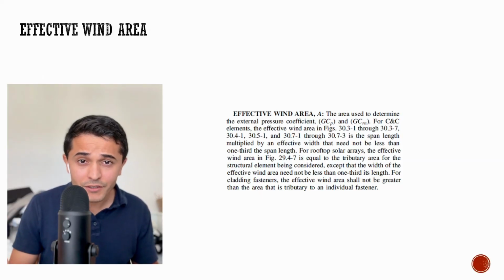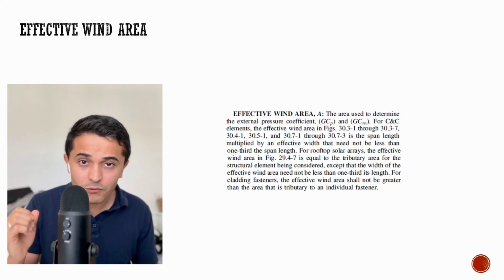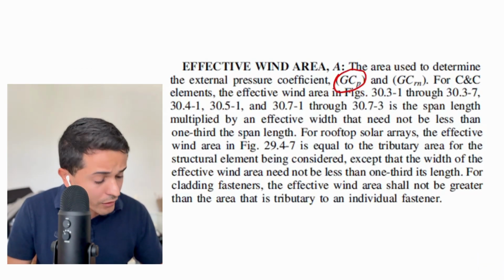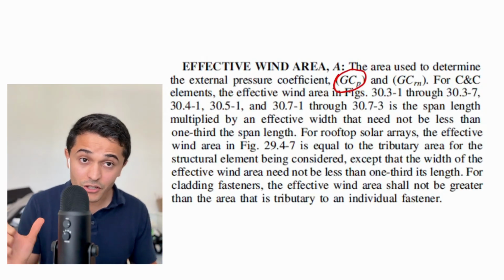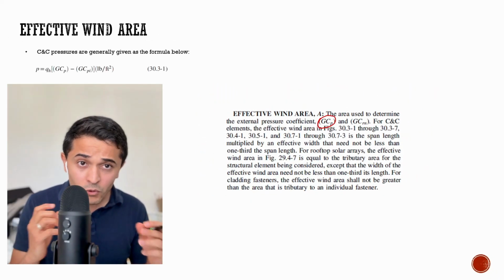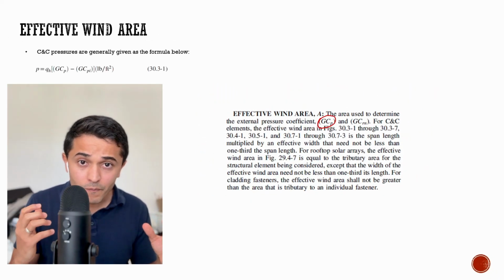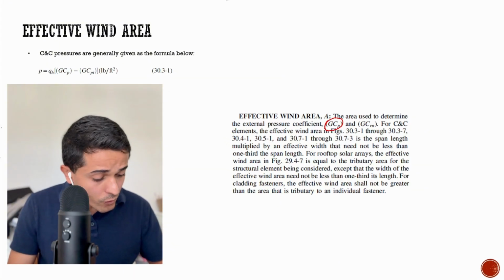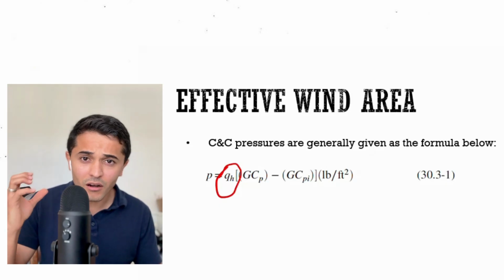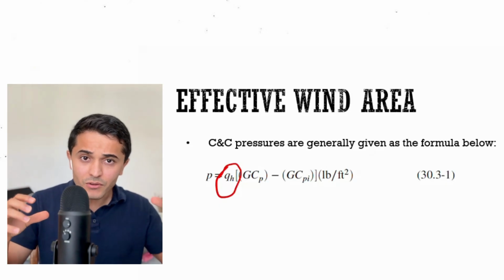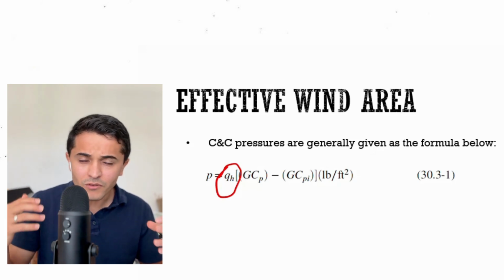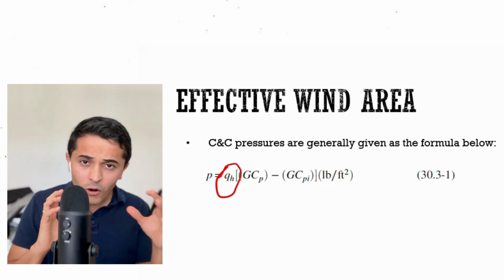Okay, so right off the bat, if we look for the definition of effective wind area in ASCE 7, we see that it's pretty much a combination of the gust effect factor and the exterior pressure coefficient, GCp. At the end of the day, we're trying to find out what our pressure is, right? Our wind pressure. We have our q sub h, which accounts for all those factors that are in chapter 26, based on the exposure classification, based on the elevation, based on topographic factors, all these things.